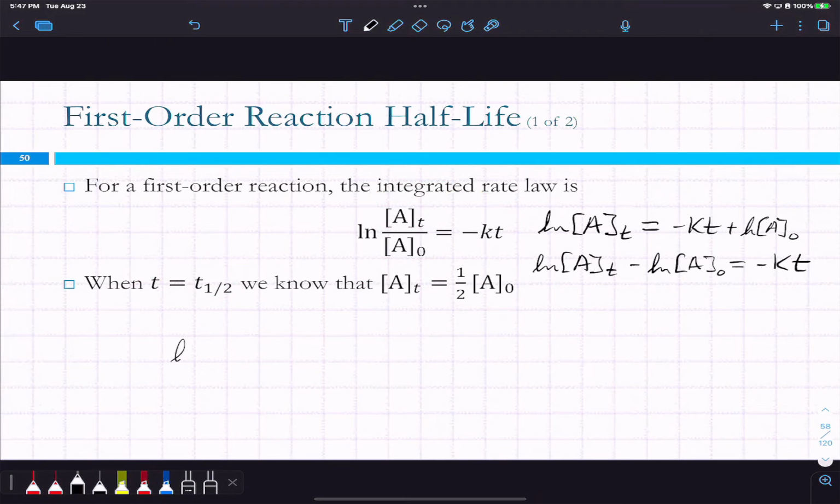So we'll get the natural log of 1/2 A0, right? So half of the initial concentration divided by the initial concentration equals negative kt.